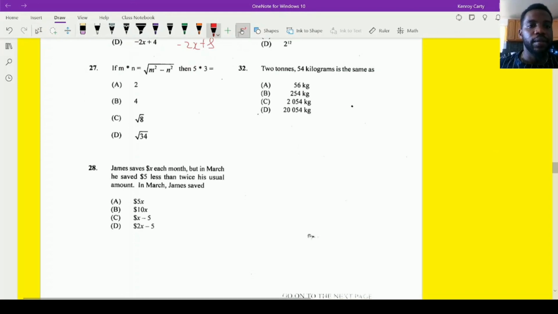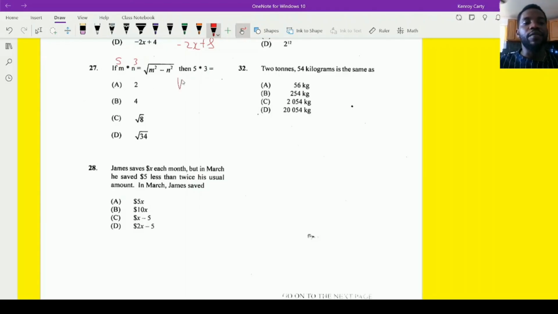It says if m asterisk n is equal to the square root of all of m squared minus n squared, then 5 asterisk 3. All it means is that m is now 5 and n is now 3. So everywhere we see m, we put 5, and where we see n, we put 3.